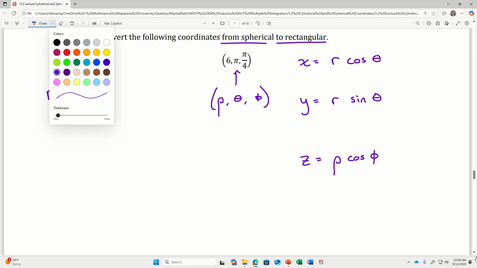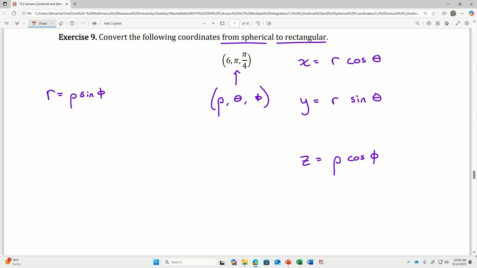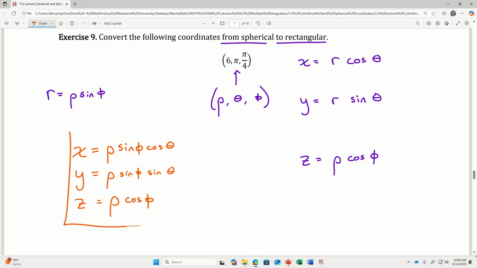When I was taught calculus 3, our professor just had us memorize that x is equal to rho sine of phi cosine theta, y is equal to rho sine of phi sine theta, and z is equal to rho cosine of phi. And so you can do that too if you want to.